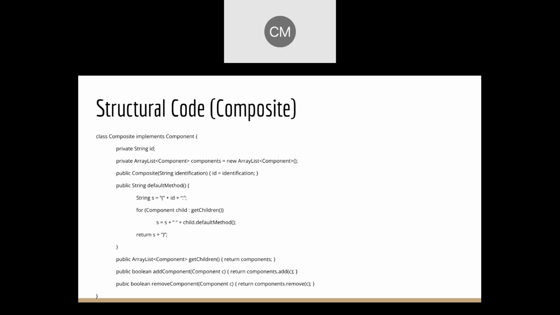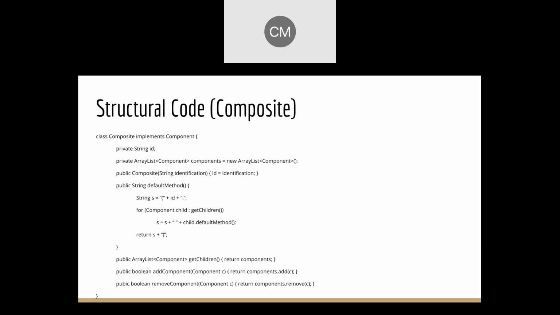Now here's where things get a little more complex, being with the default method. The default method will return the ID of the object itself, as well as if it is a composite, which we know it is, then it will go through all the children using for Component child : getChildren, and we will return an ID for them.